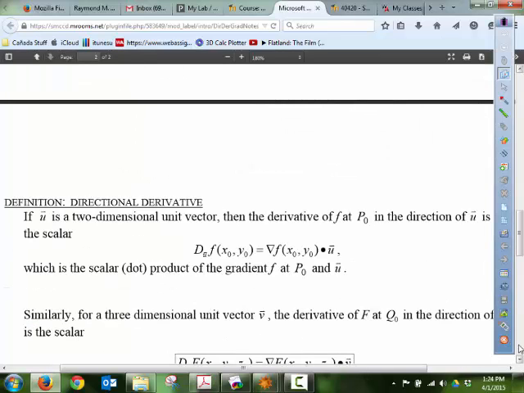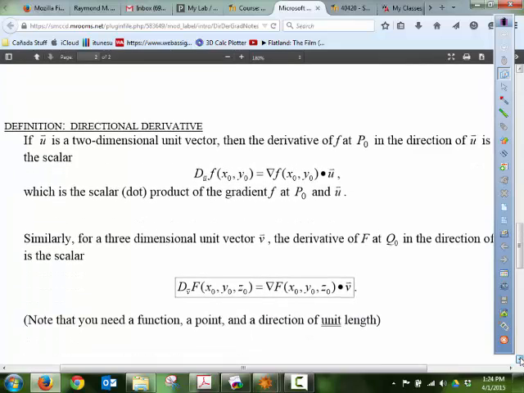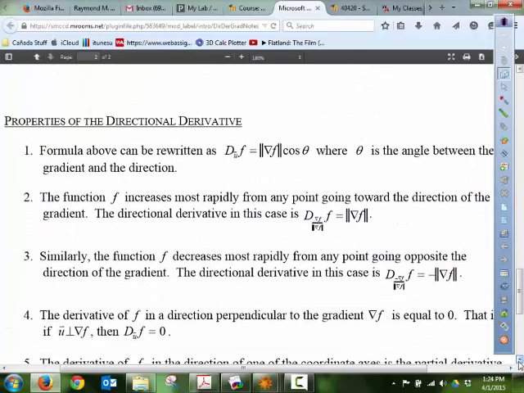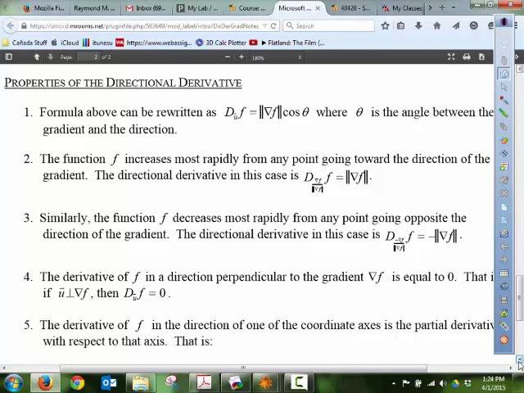All right, so the next page tells us properties of the directional derivative. This could probably be shortened to just one formula, but it's decided to take a look at it from a two-dimensional and three-dimensional point of view. But more importantly, we have the properties of the directional derivative, which relate to the properties of the gradient as well.